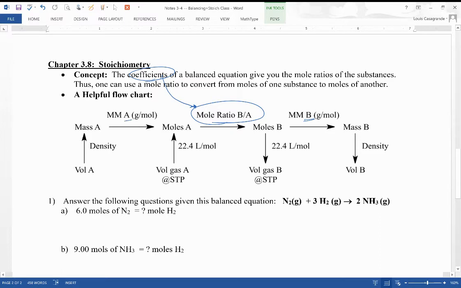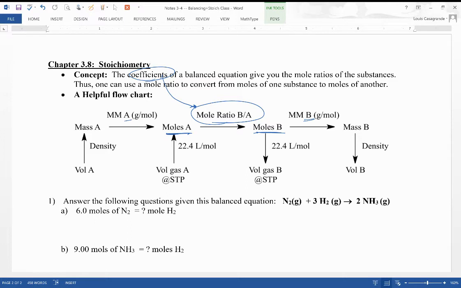So the mole ratio of B over A gets us from the moles of the given to the moles of whatever you want. Now, B and A can be in any place in the reaction. They can both be reactants, they can both be products, or one can be a product, one can be a reactant. And we're just comparing the amounts of different substances, the moles of different substances in the balanced chemical equation.